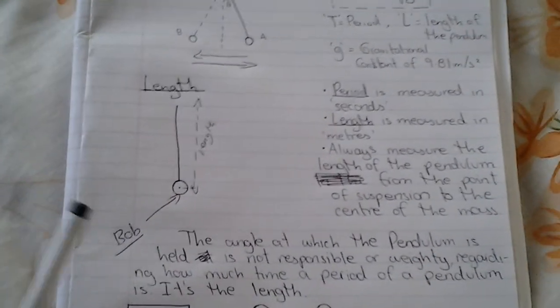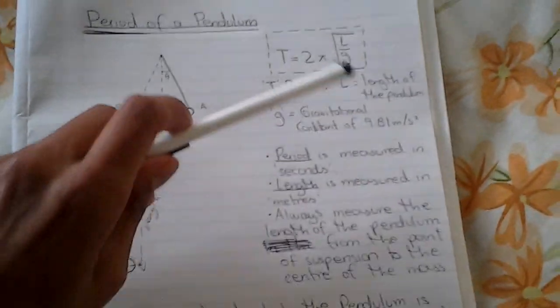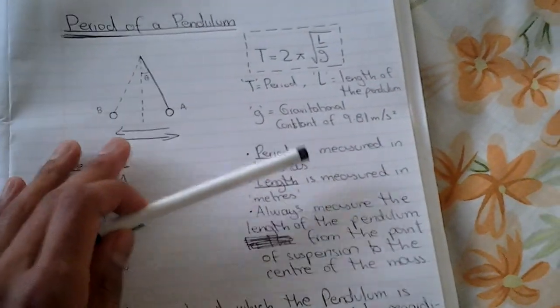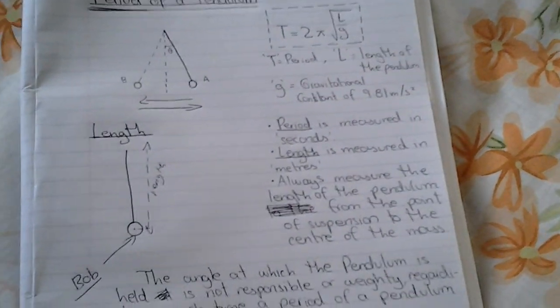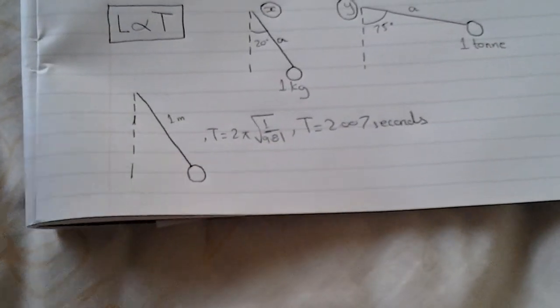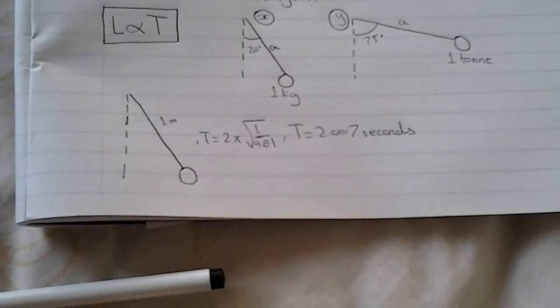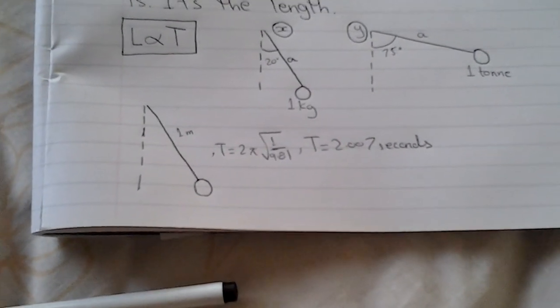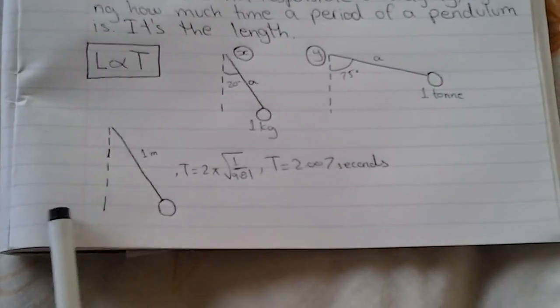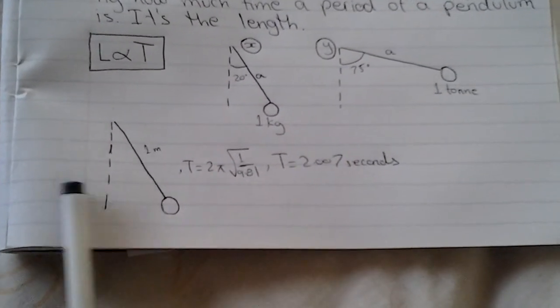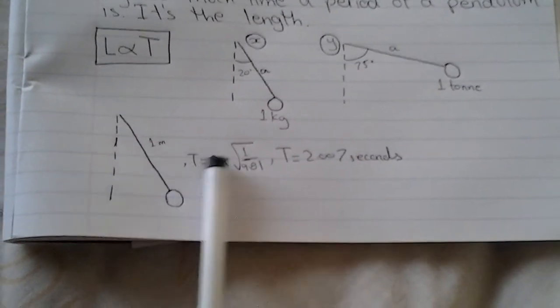Right. Now that we know what these two letters stand for mainly, we can exemplify something below. Let's say there's a pendulum, a meter long. To calculate the periodic time, how much time its period would be, we just plug that 1 meter into the formula.